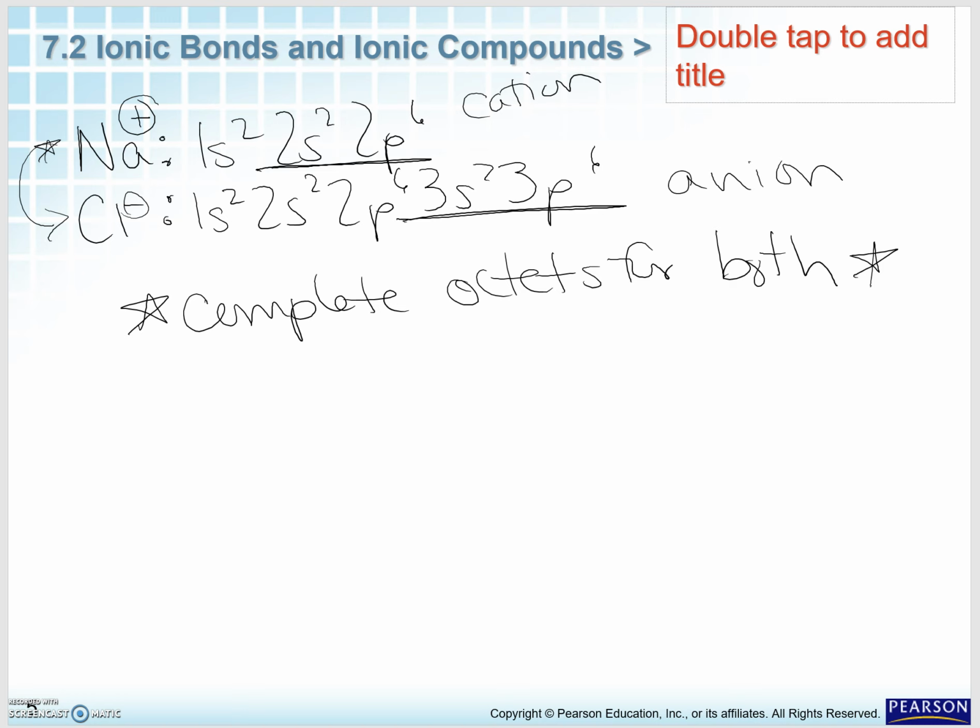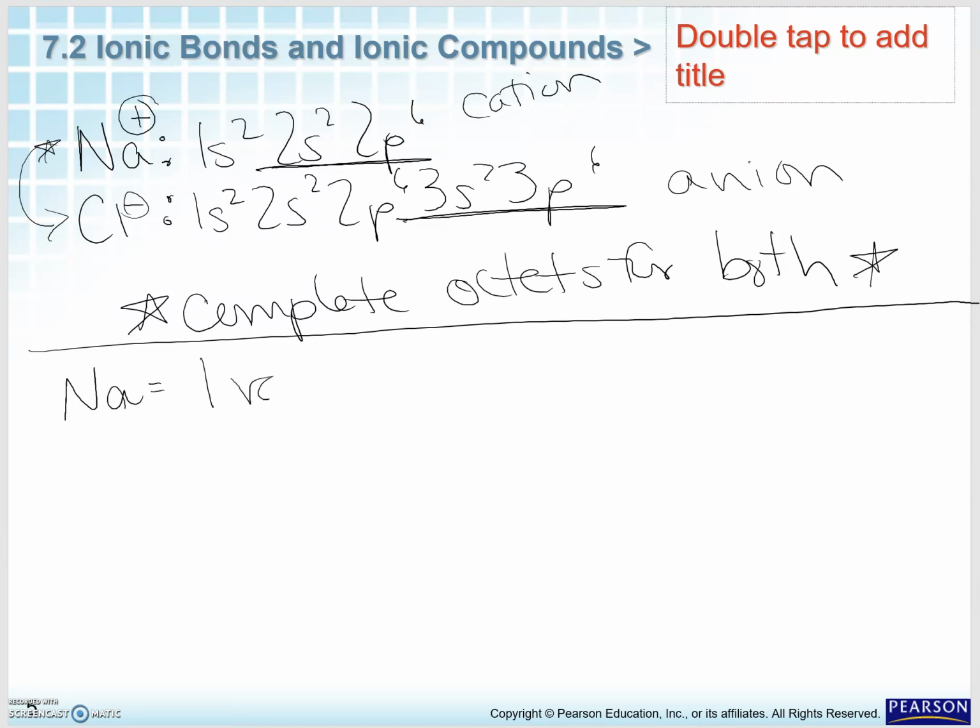Now you can use the same rationale if you were to do the electron dot structure. So remember, our electron dot structure is going to show just our valence electrons. So before we donated everything, sodium had 1 valence electron and chlorine had 7 valence electrons.